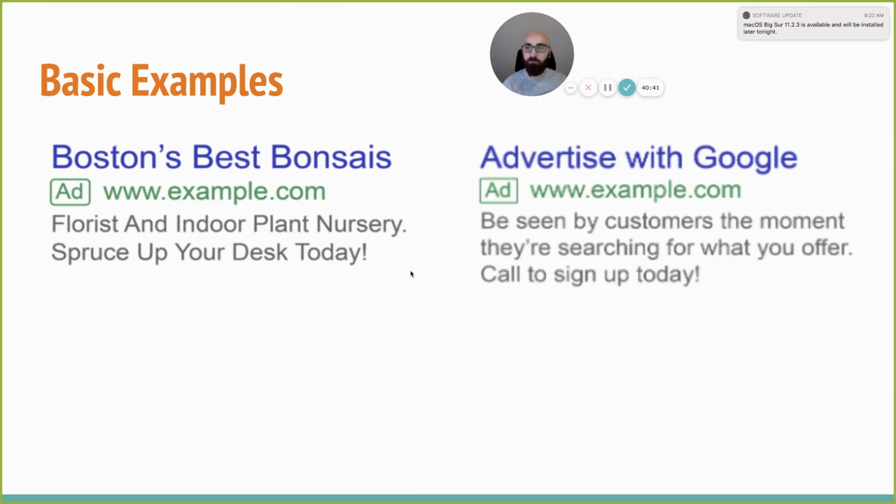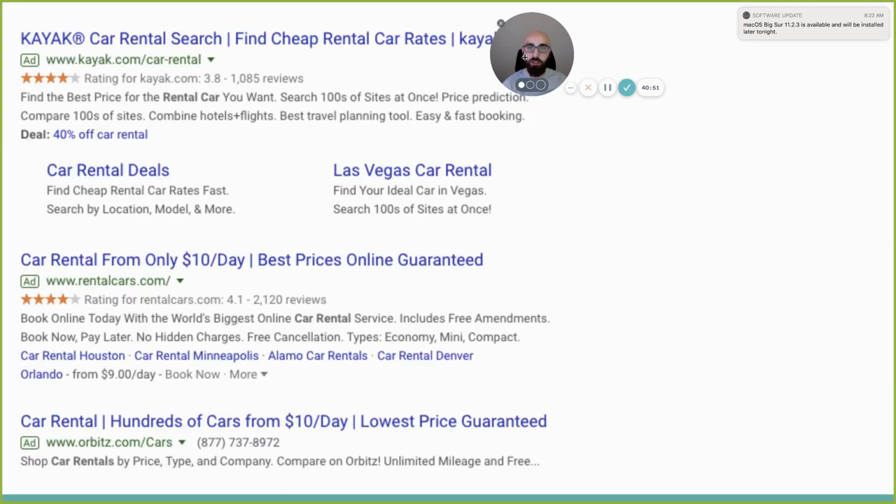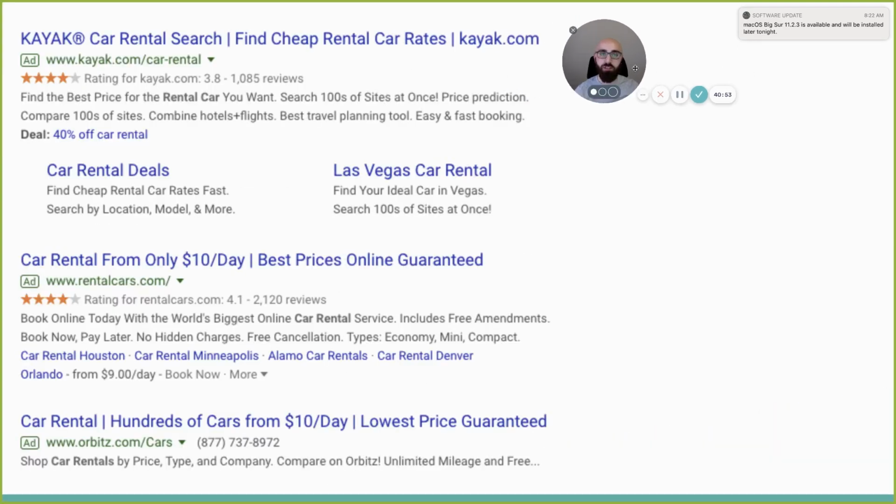So this is a basic example of an ad, and I don't think we're going to have time to go over the extensions, but basically a basic Google ad will look like this. Okay, what you want it to look like is more like this.